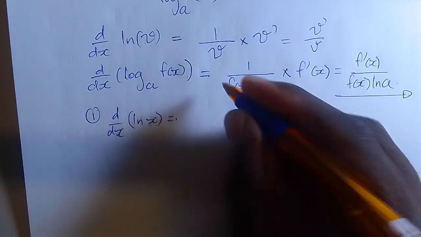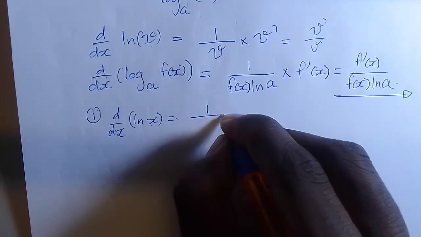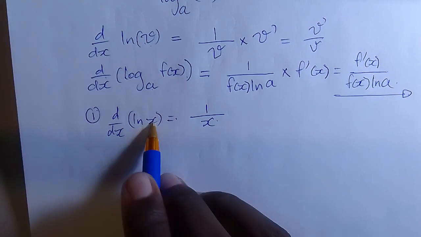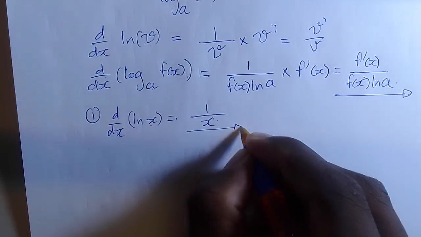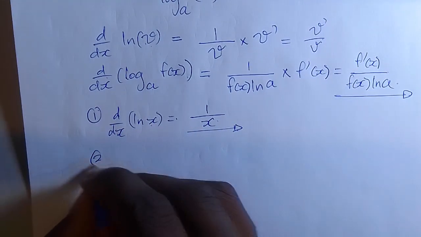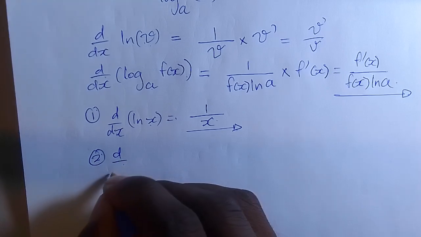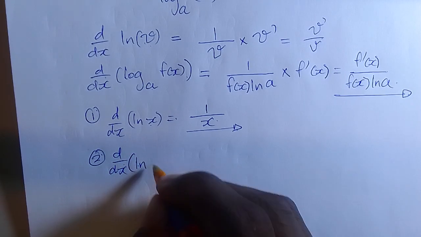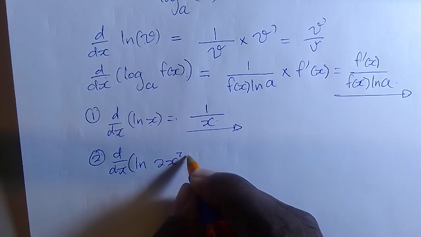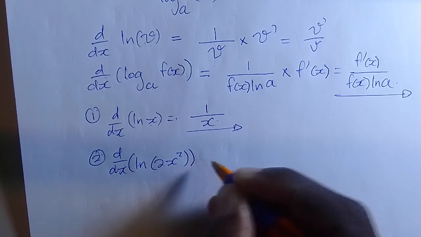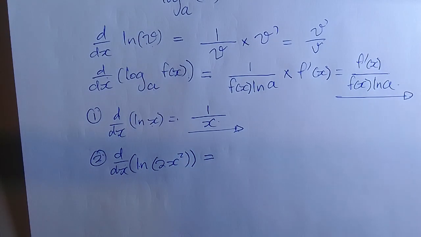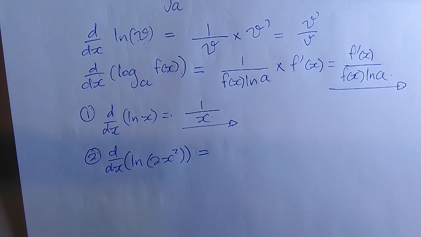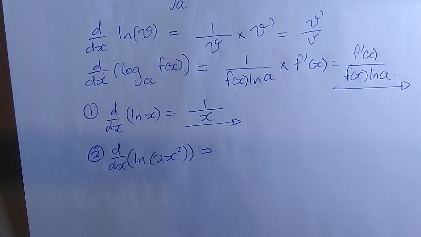The derivative of x is 1 divided by x, because you have to have this on the inside out. Now the second thing we're doing is the derivative of ln 2x squared. What I'm going to do from now on is I'll start by writing the exact function on the denominator, just so we don't forget that.